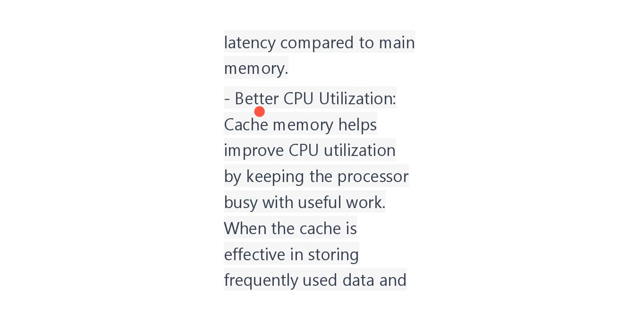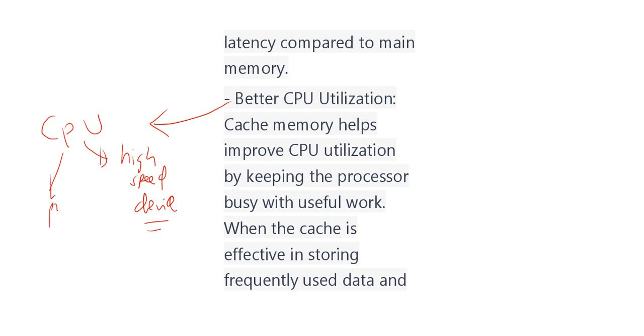Then another one is better CPU utilization. So in this point, it is good to know that the CPU is a very high speed device or part of the computer, because normally we know it is the processor or the brain of the computer.